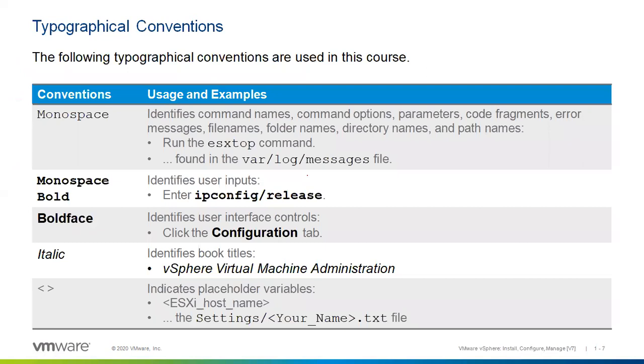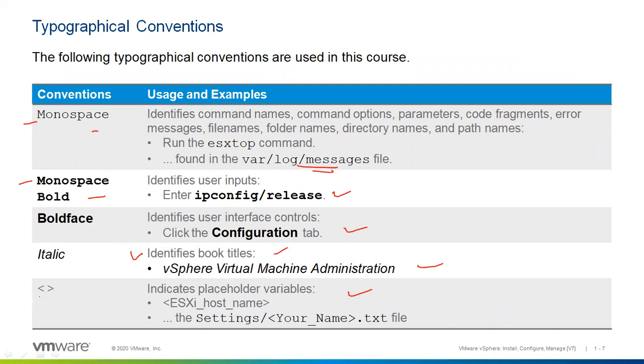So these are some text indications of how things will look. Monospace is any command output, and monospace bold is how you are running the command. These are just text representations of different things. If something is in italics, it indicates titles, any kind of book, blog, or community center.